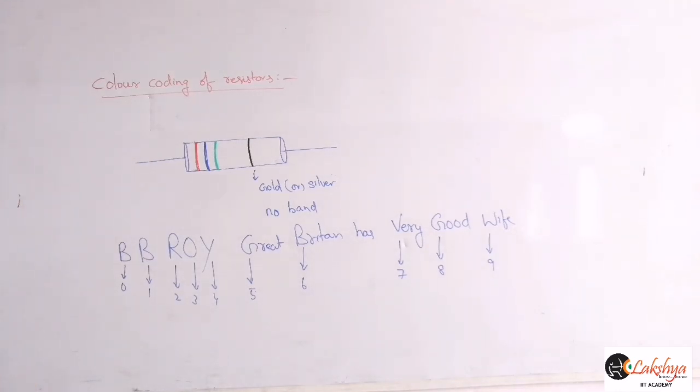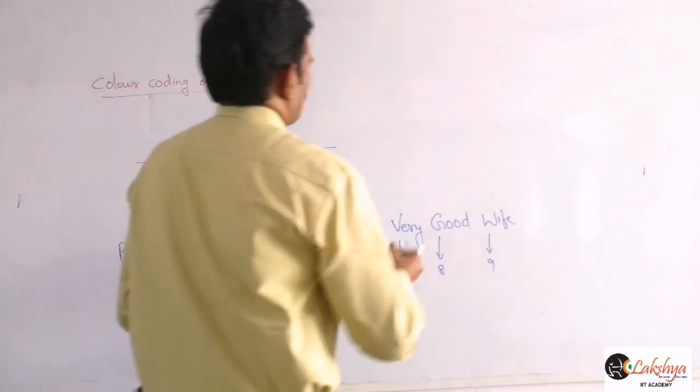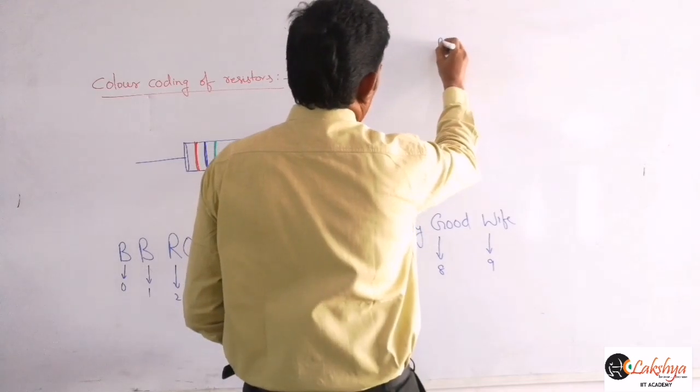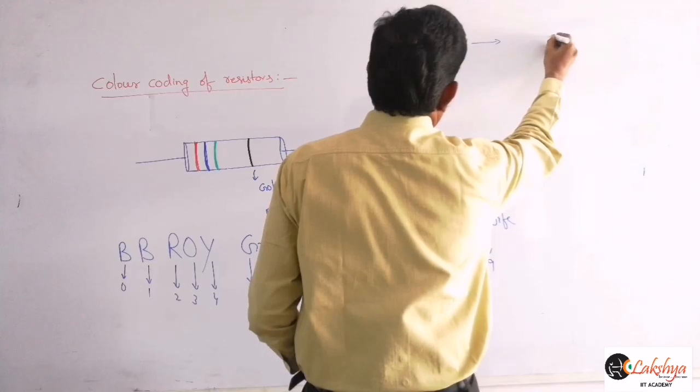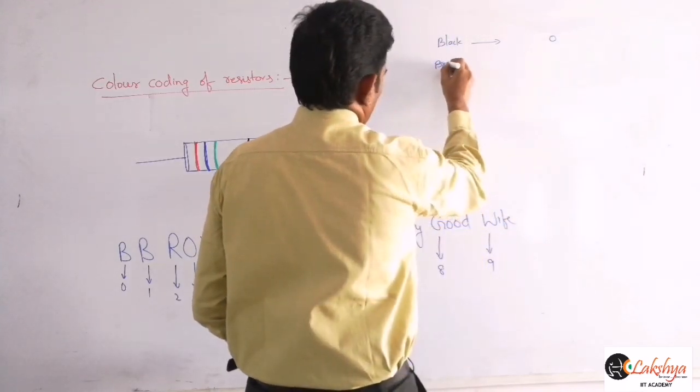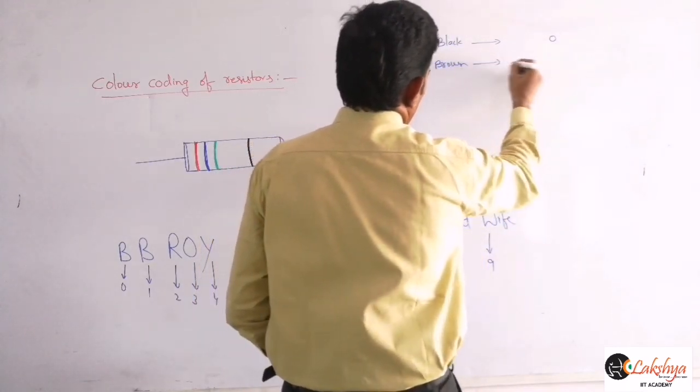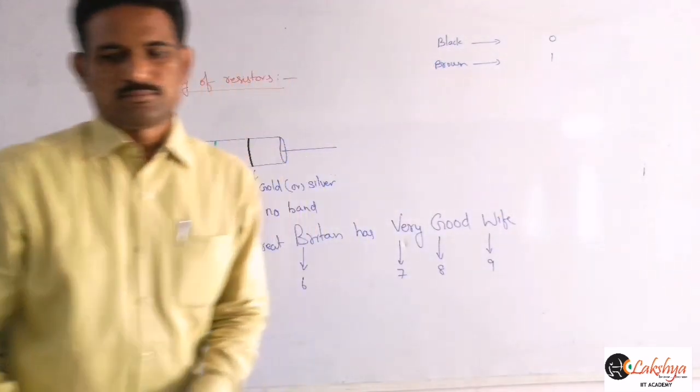So we can note the values as black value is 0, brown 1.